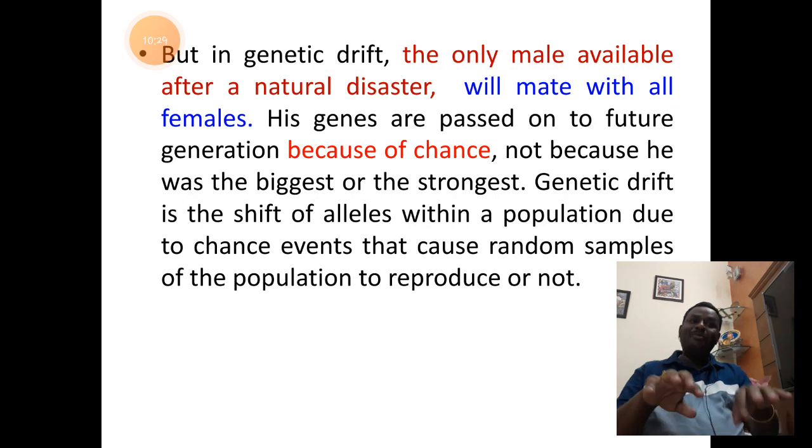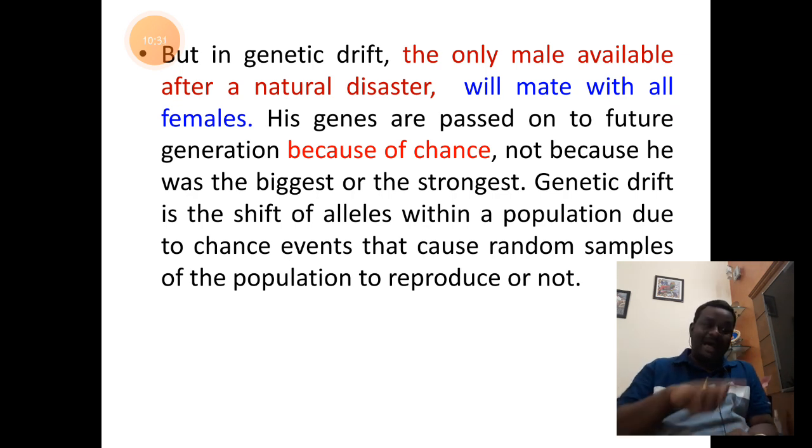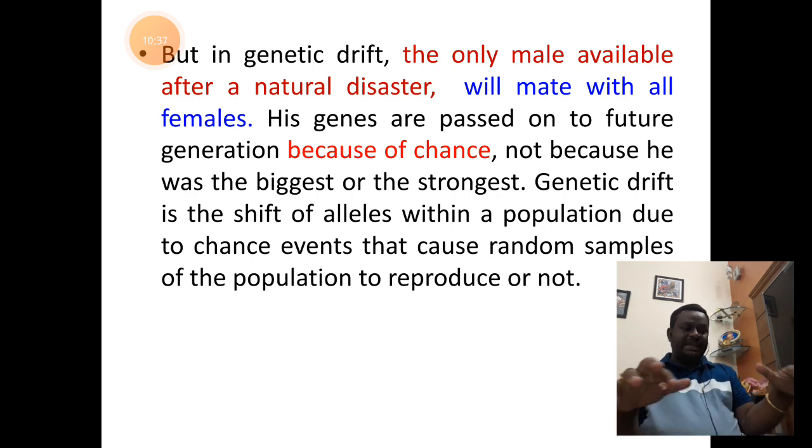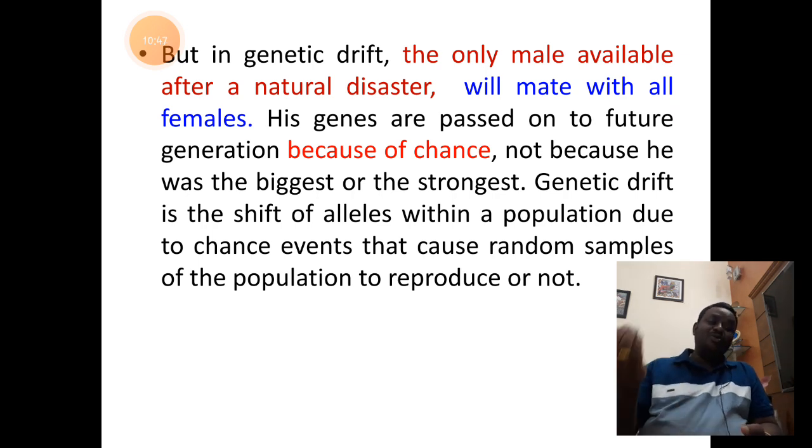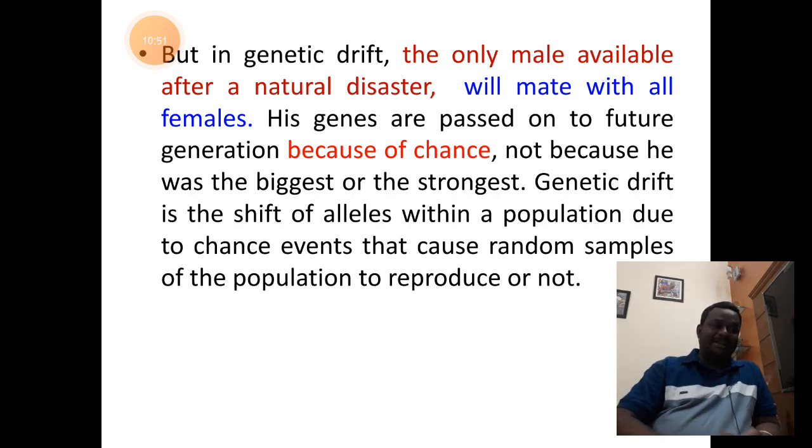Now, to have the process of reproduction, the other male will be available. So, the other male's genes now are passed on to the generations. The other males will have the chance to mate with the rest of the females. So, new individual genes are now passed on to generations, and it is purely by choice or randomness.